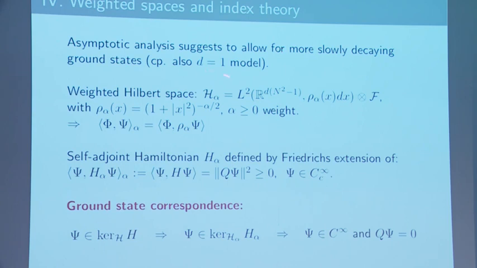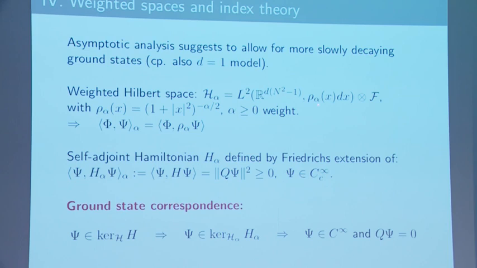So we saw already in the d equals 1 case this sort of degenerate model in some sense. There was this ground state which is just constant. So the question is, maybe it's just that it's not decaying fast enough. So if we change the Hilbert space a bit, we can somehow accommodate such states.